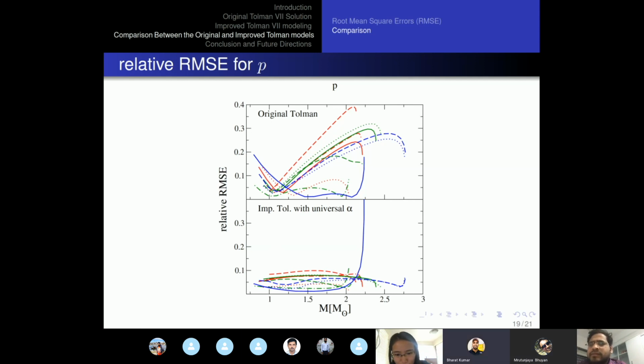So the disadvantage of your model is only that it is not working for the lower mass region, but it works very well at the higher mass region, right? Yeah, I think so. And I think it is pretty useful for studying soft equations of state. In case of stiffer ones, your model deviates a little from the original one, and the relative error is a little higher for mass around 1.1 or so.